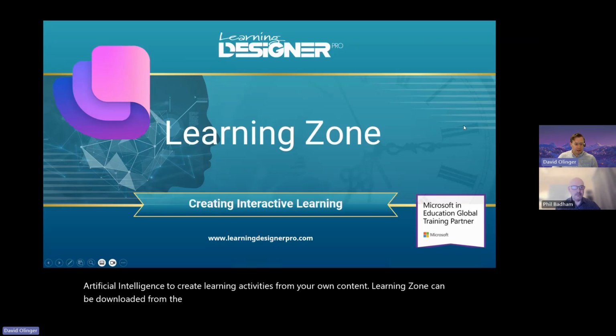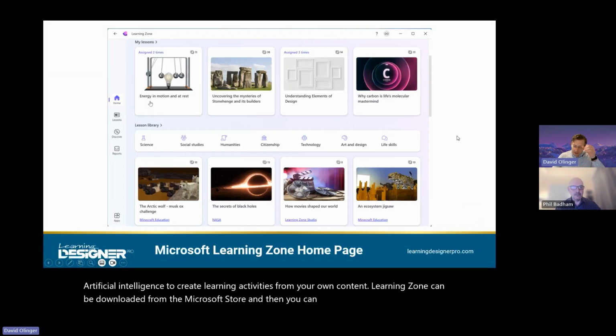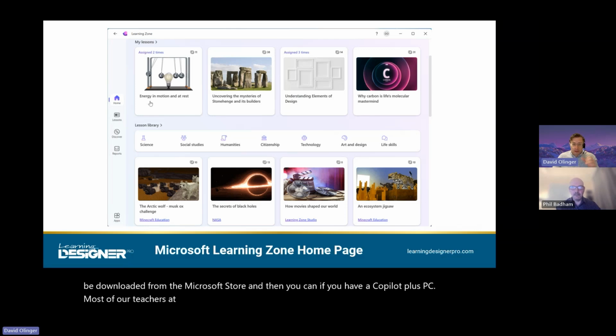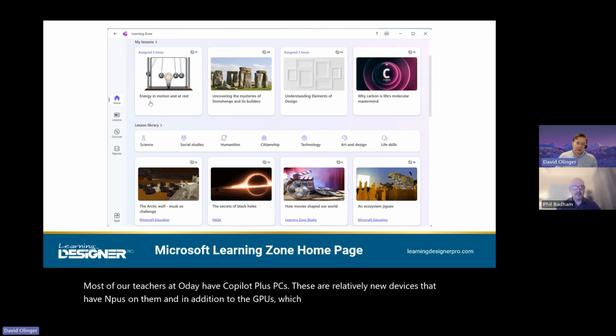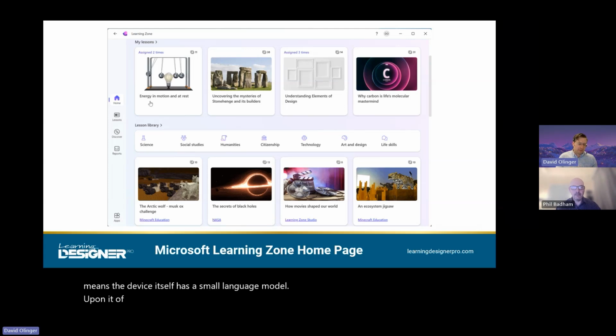If you have a Copilot Plus PC, and most of our teachers at O'Day have Copilot Plus PCs, these are relatively new devices that have NPUs on them in addition to the GPUs, which is a neural processing unit, which means the device itself has a small language model upon it, which this application taps into when generating content from your files.